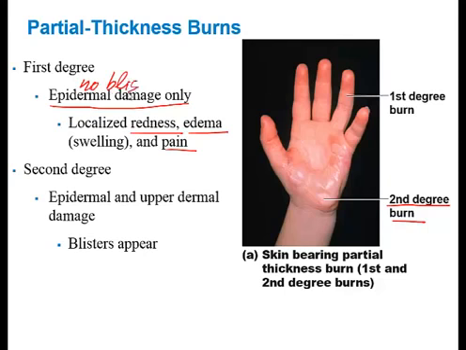Blisters are one of the main characteristics of second-degree burns. A second-degree burn is going to damage the epidermis and also the upper dermis, and the blisters occur due to the separation of the epidermis and the dermis.